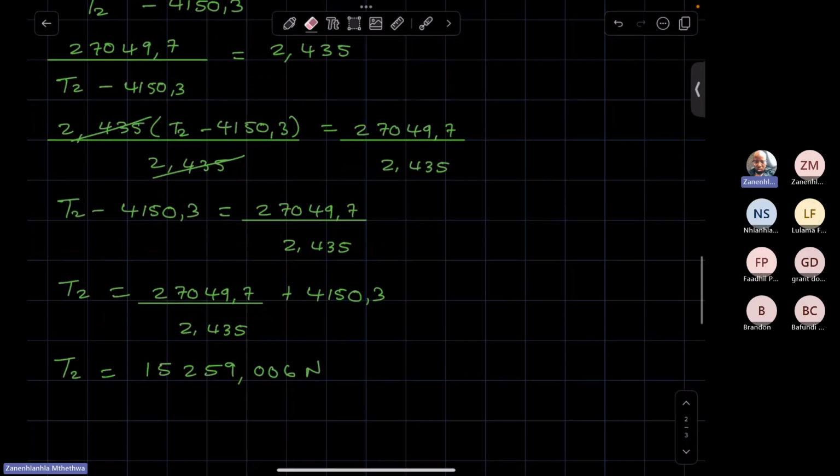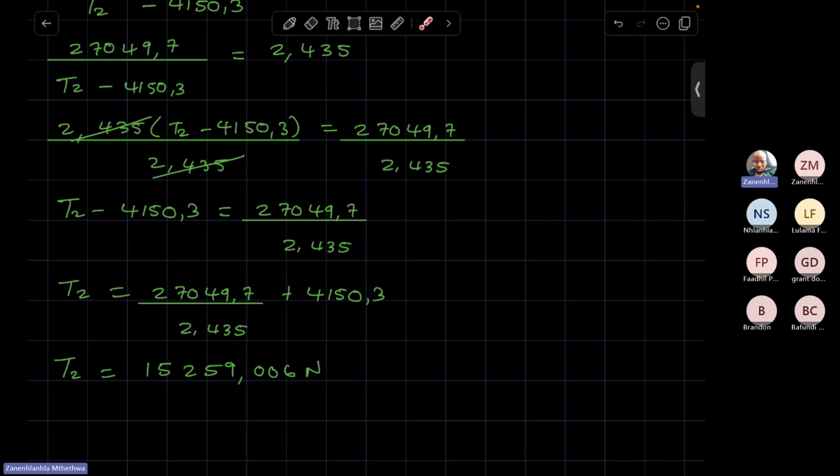Now, because some of you will have calculated this and got an answer and rounded that off to 3 decimal places, our answers will be slightly different. But the answers don't matter that much.